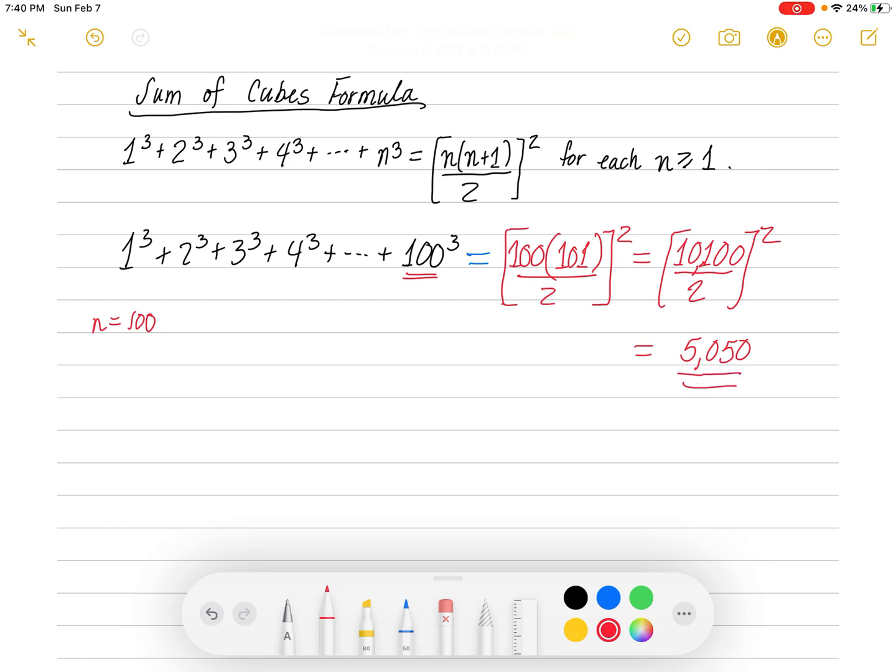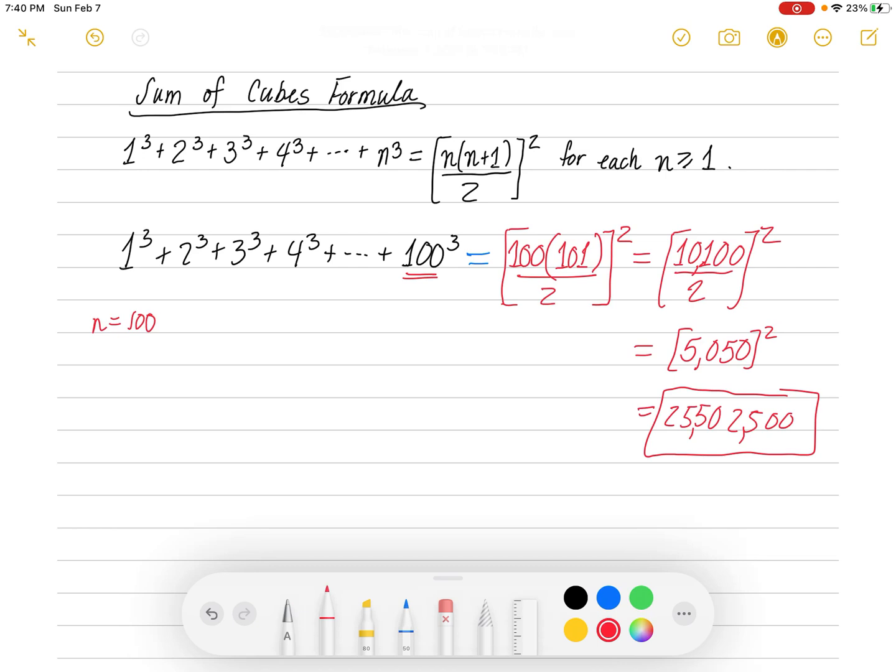Then we have to square 5,050. 50 squared is 2,500. It's going to be 25,502,500. So that would be the sum of the first 100 cubes.